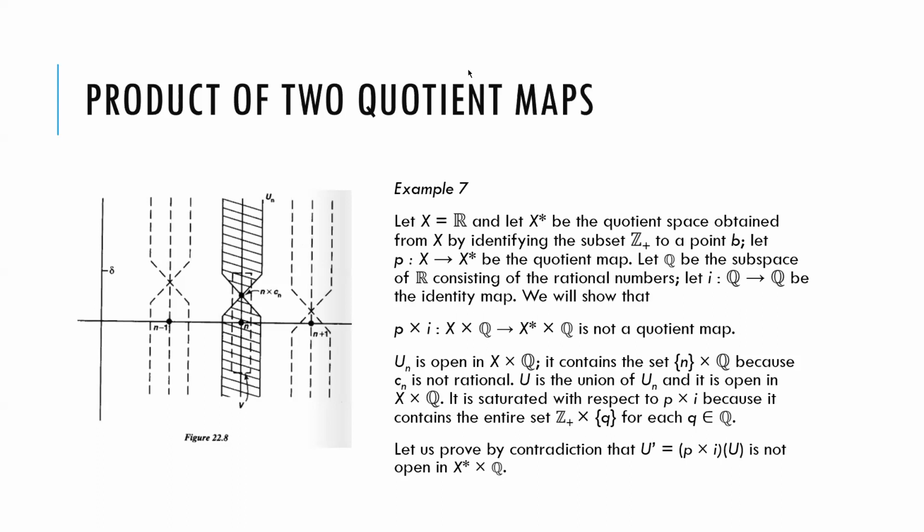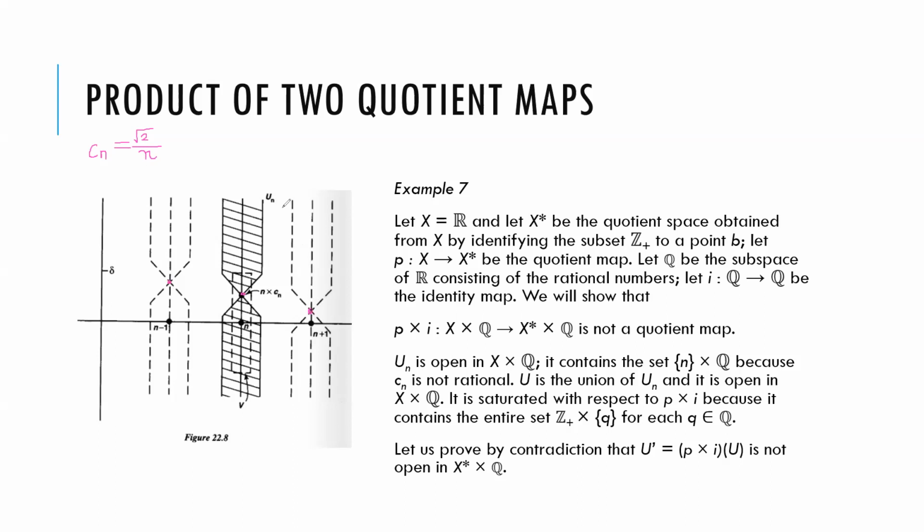So let me explain the graph first. We have the collection of points Cn, where Cn equals square root of 2 over n, and basically we have all points n cross Cn.